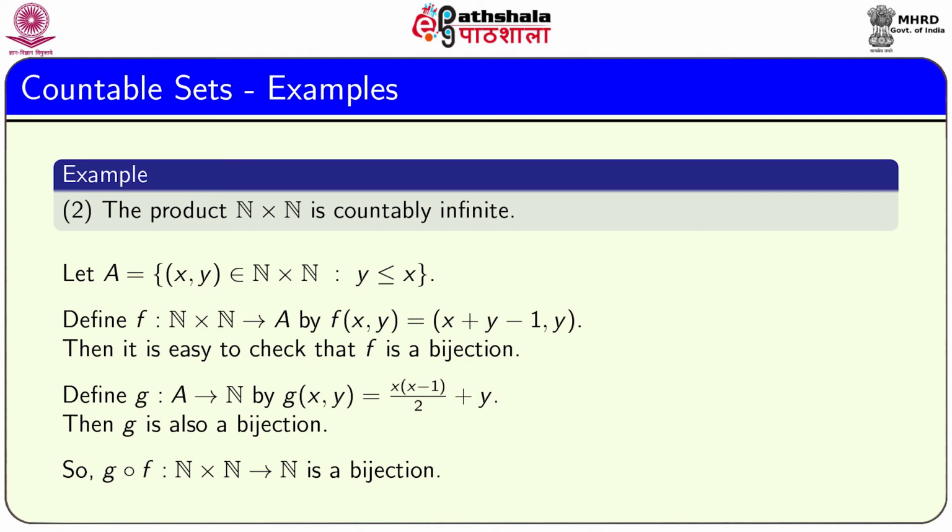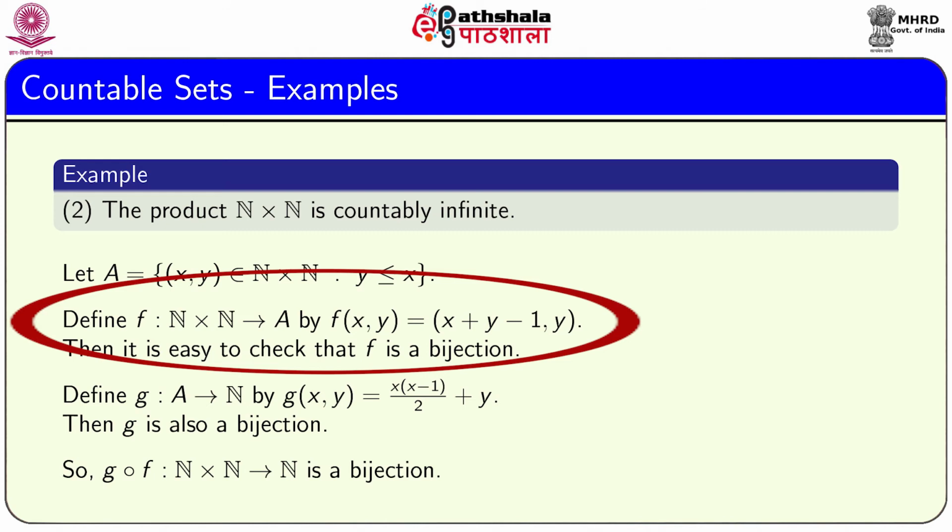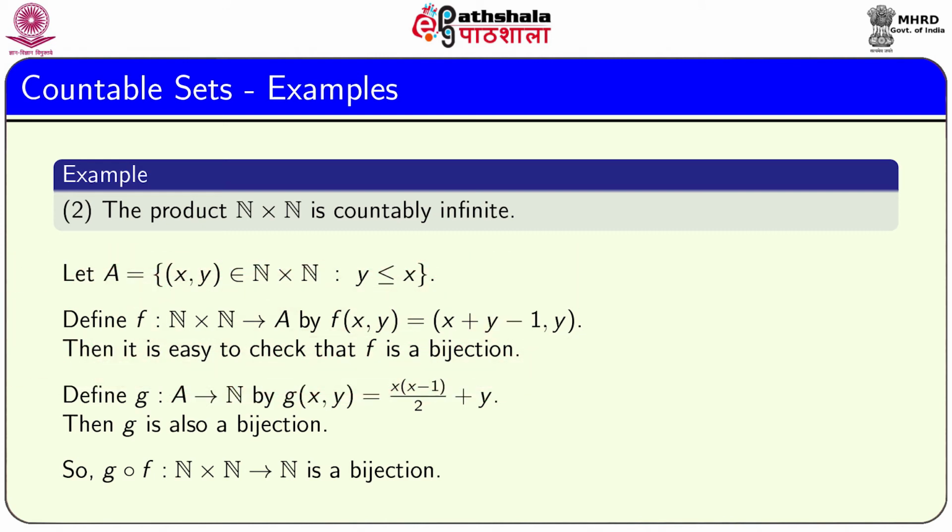Let us take the set A as the collection of all points (x, y) such that y is less than or equal to x. We define a function f from N cross N to A by f(x, y) equal to (x plus y minus 1, y). Then it is also an easy exercise to show that f is a bijection.